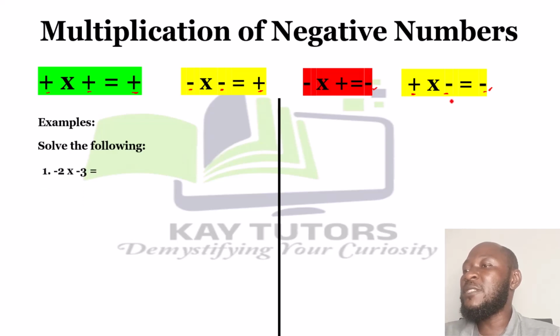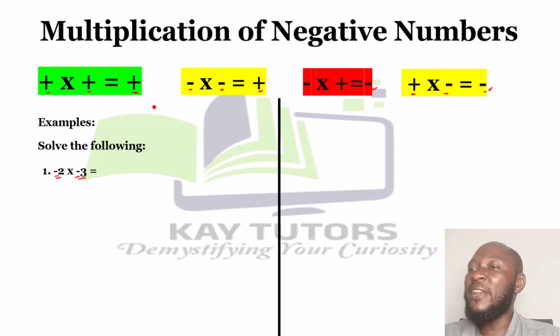Now, the first example we have here is minus 2 times minus 3. First of all, we are going to multiply the signs in front of the numbers. What are the signs here? I have minus times minus.